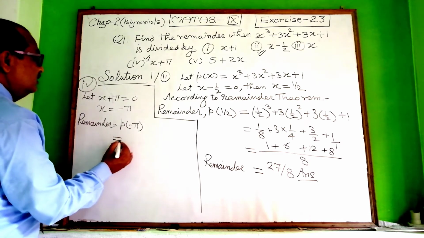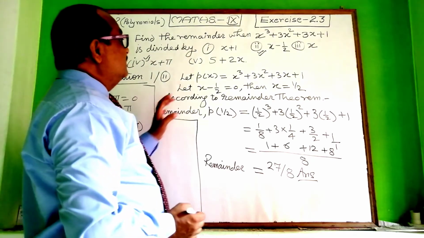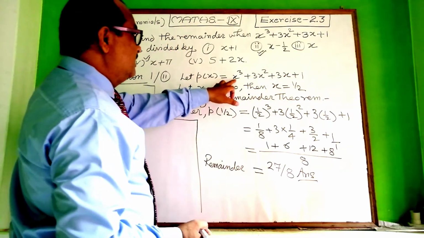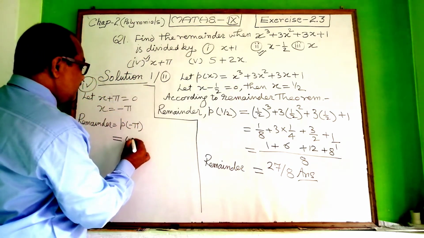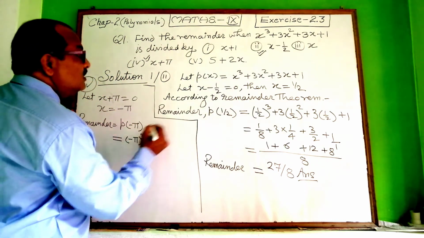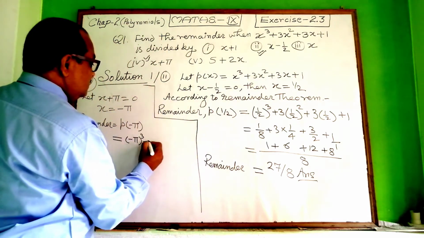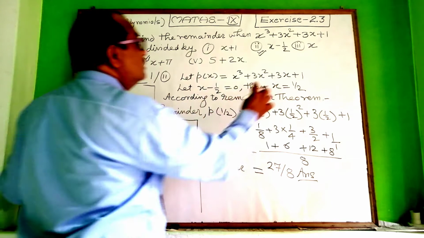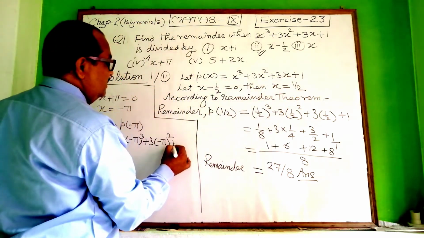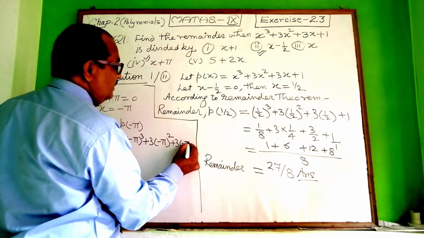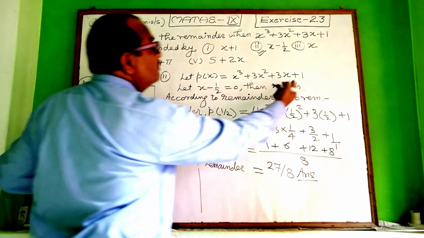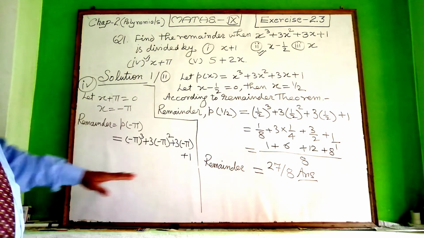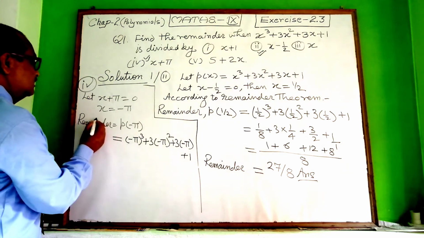Now we will put this value, minus pi, in the given polynomial. So at this place when we put, minus pi cube, next term plus 3 (minus pi) square, in the third term plus 3 into minus pi, and plus the last term plus 1. Just we will simplify, that will be the answer.